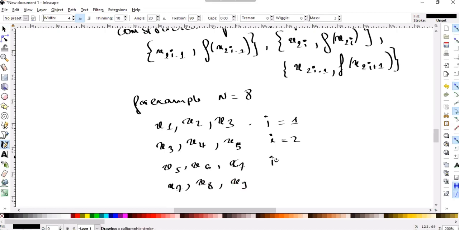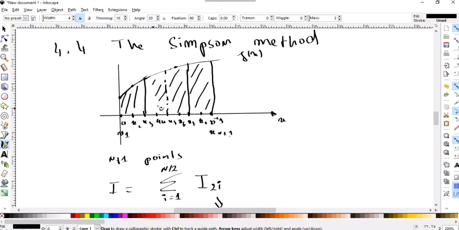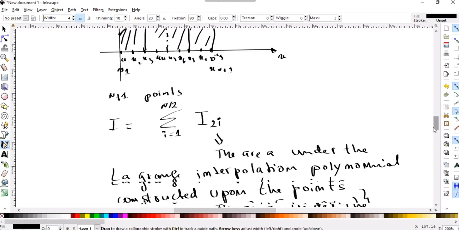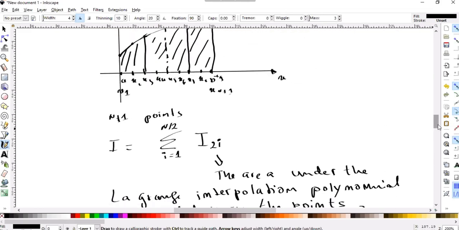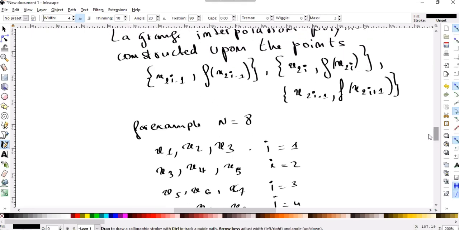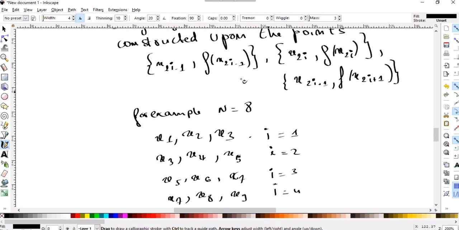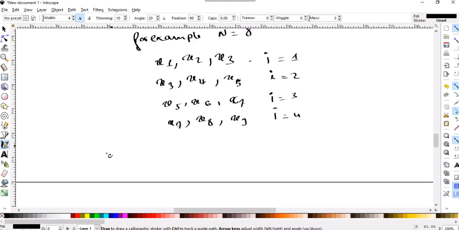So this is i equals 3. So the first polynomial, second, third, and fourth polynomial. If you have 9 points, you have 8 sub-intervals, and you have 4 polynomials that you can construct upon these points. So let's write this polynomial here.